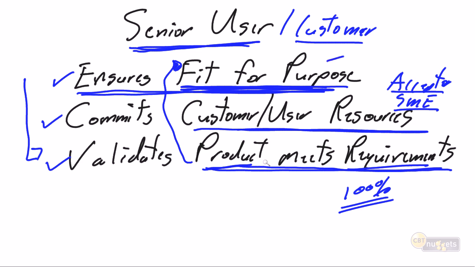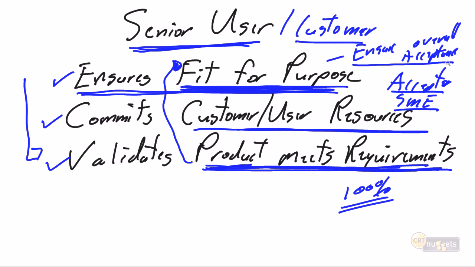And probably more importantly, my expectation is my product will meet the requirements. I'm expecting my senior user to ensure overall acceptance. And I don't mean acceptance of the project deliverables, I mean acceptance into the business unit. So the senior user is going to stand up in a business unit area meeting, or send out a corporate email, or however that senior user is going to correspond, and say, "Dear business users, dear everybody who works for me," in other words, this project is now done.